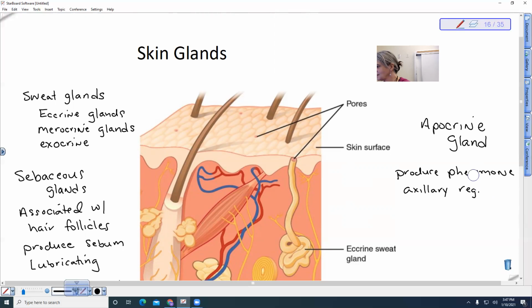And then maybe your genital region. Maybe this is why we have pubic hair, for example. That's what it is found in. Okay. So these make us smell good to potential mates, for example. Okay. So those are apocrine glands.